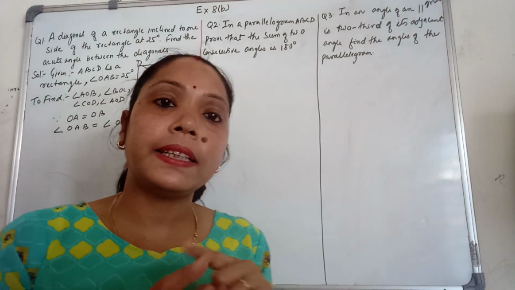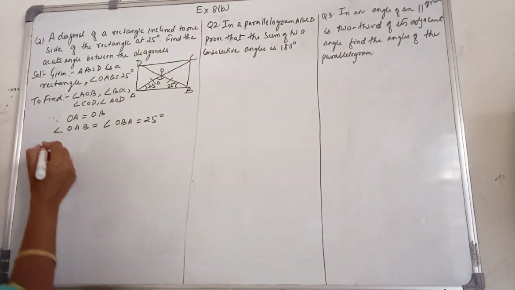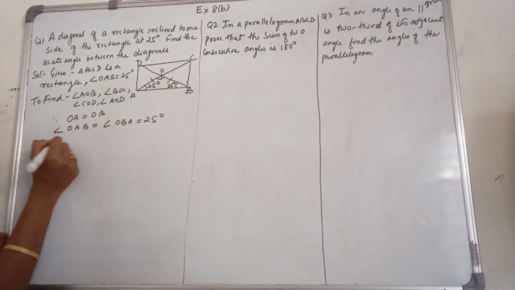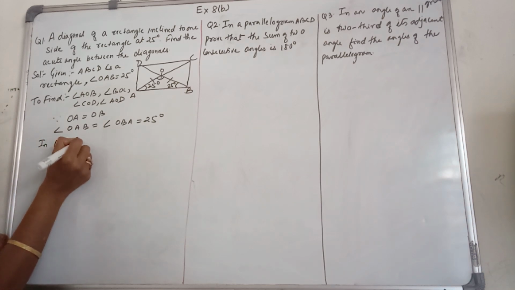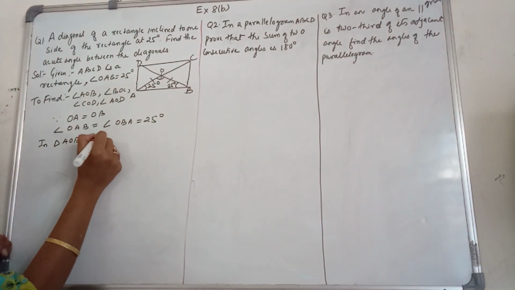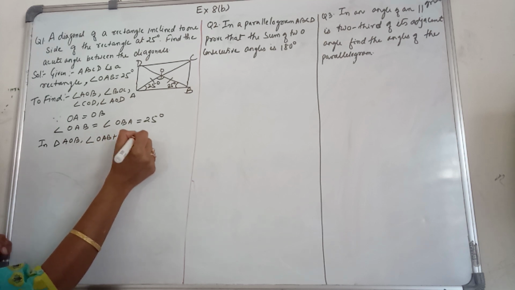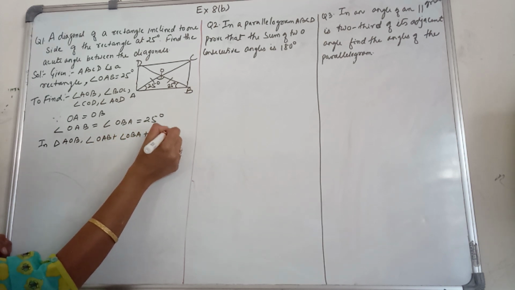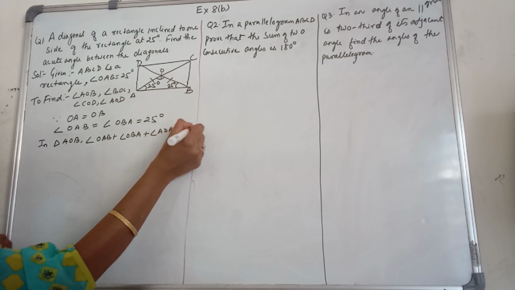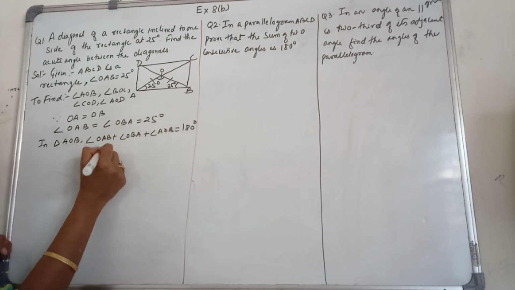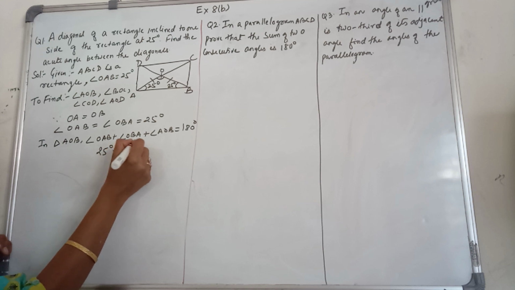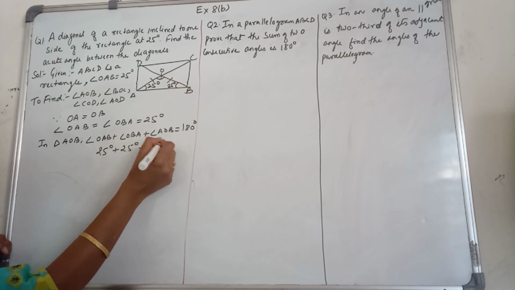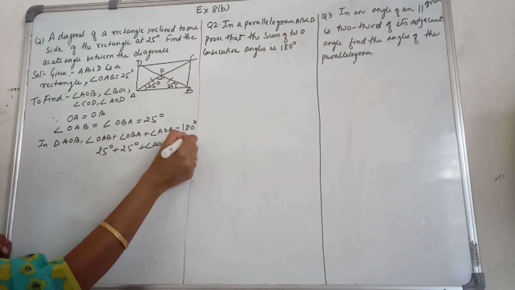Now if you got this as 25 degree, can you find this angle AOB? Exactly, by considering a triangle. So in triangle AOB, angle OAB plus angle OBA plus angle AOB is equal to 180 degree. Put the values: 25 degree plus 25 degree plus angle AOB is equal to 180 degree.